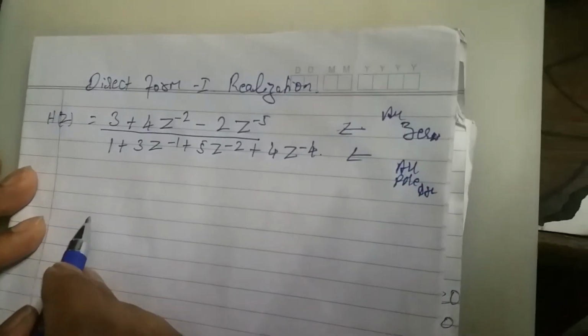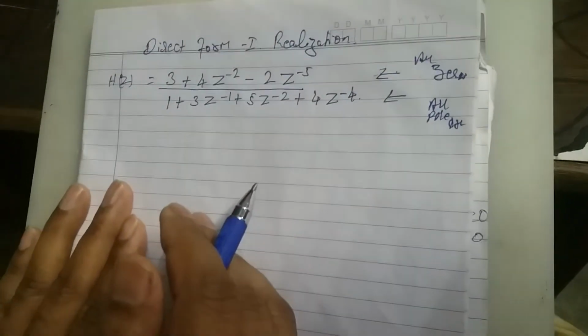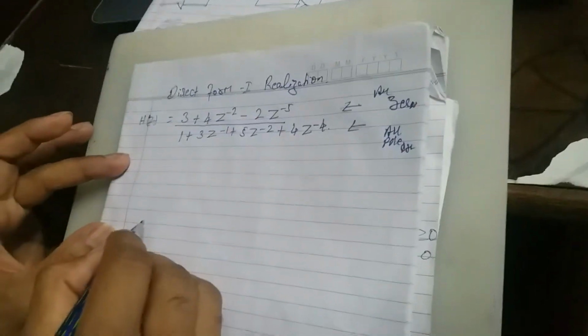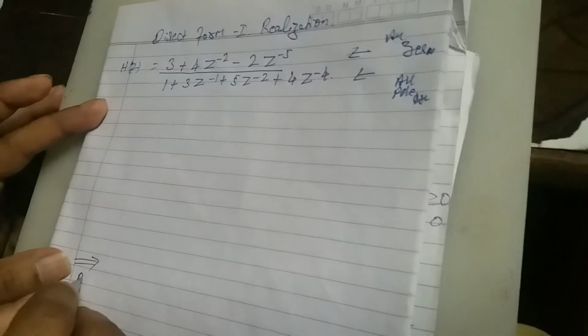So whenever you want to write a direct form 1, towards your left hand side you have to write the zero system, and it should face in the forward direction. Whenever you write a block diagram, all zeros should be in the forward direction.